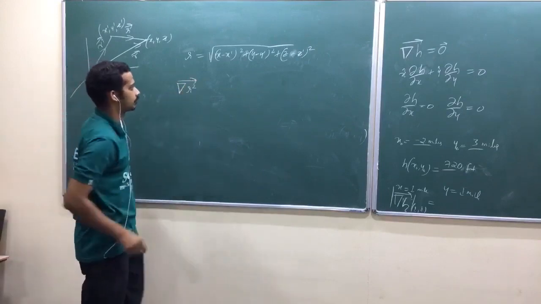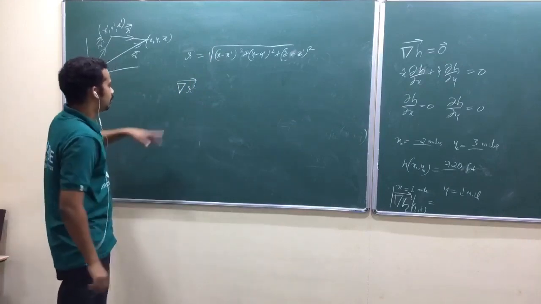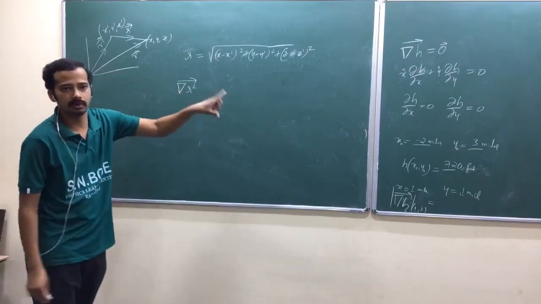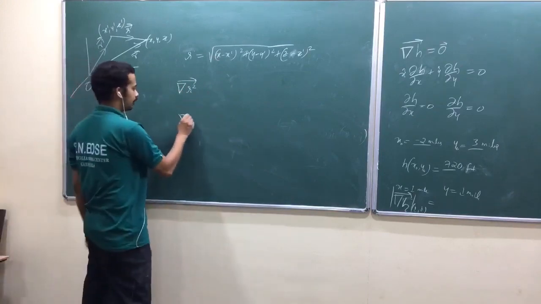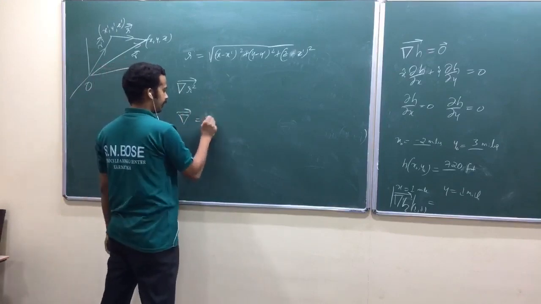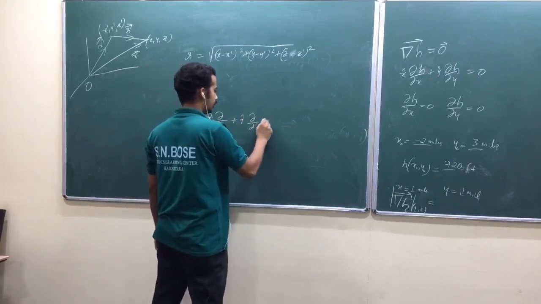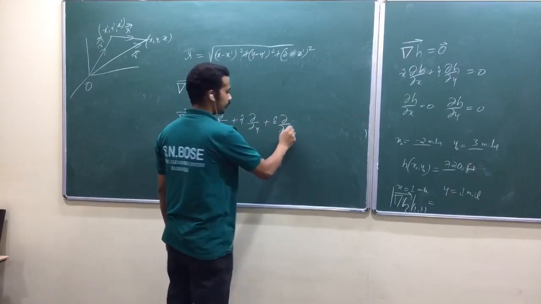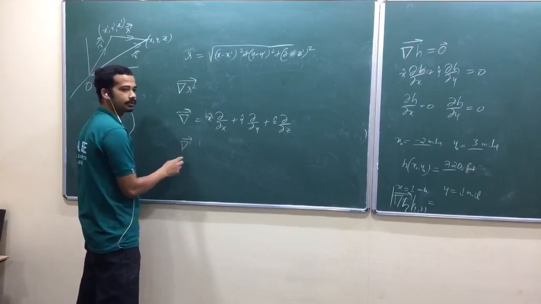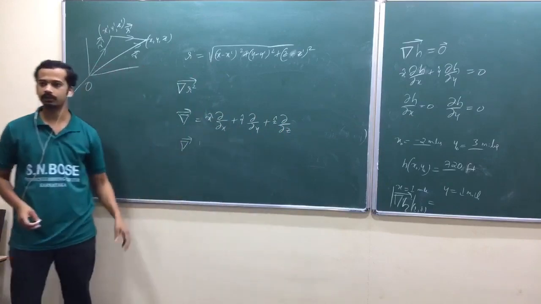Now look at here, if I write it like this, so del of r square, obviously r square is just take off the root, isn't it? Now I haven't mentioned any prime here, that's why you have to take derivative with respect to the unprimed one. That means my del operator is equal to x cap dou by dou x plus y cap dou by dou y plus z cap dou by dou z. Later in the polarization chapter we are going to define this one, dou by dou x dash, dou by dou y dash, dou by dou z dash.